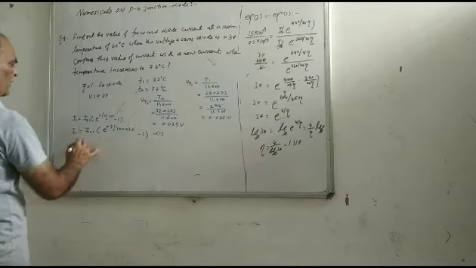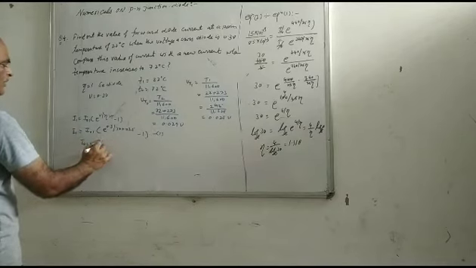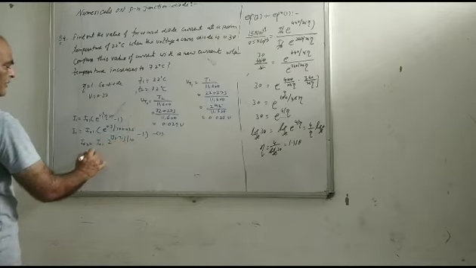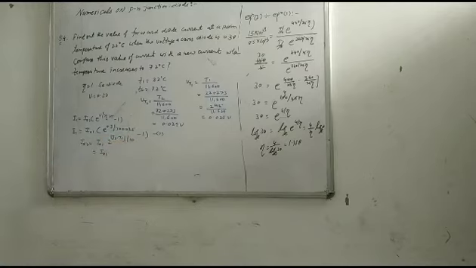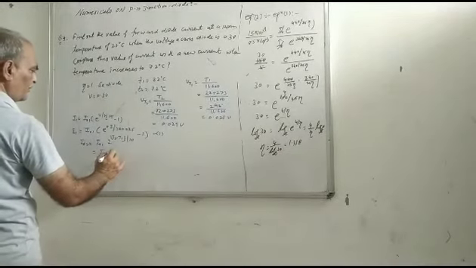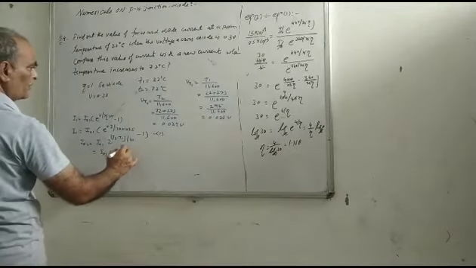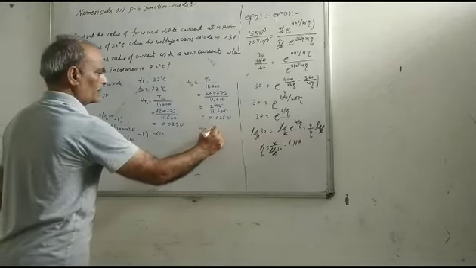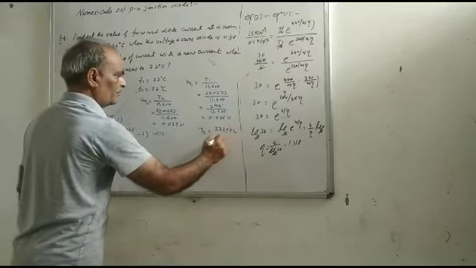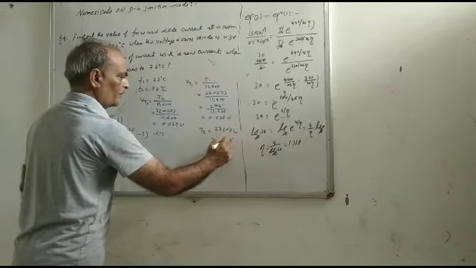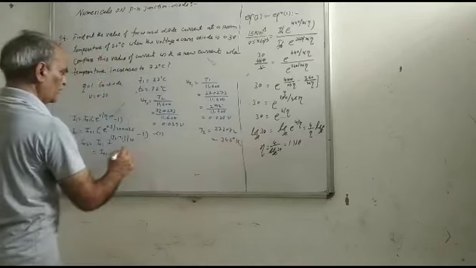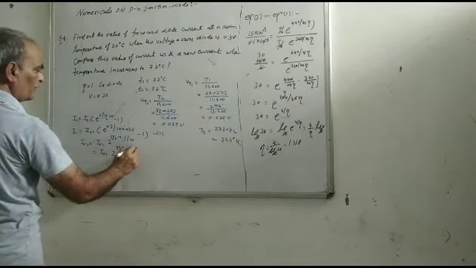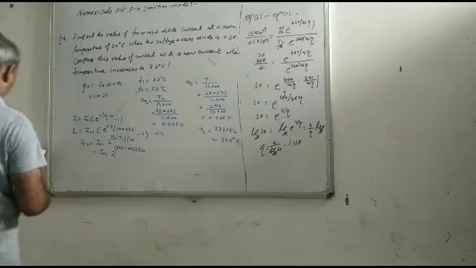This is the first equation. I02 is equal to I01 into 2 to the power T2 minus T1 by 10. So we can find the value of I02 in terms of I01. T2 is 273 plus 72, 345 degree Kelvin, so 345 minus 295 by 10.